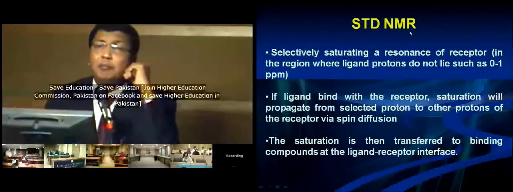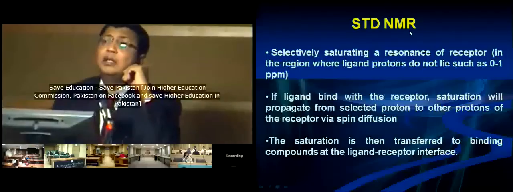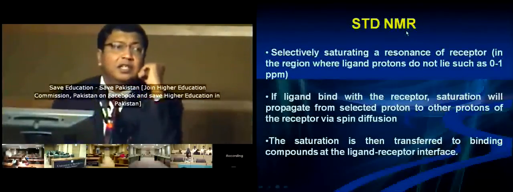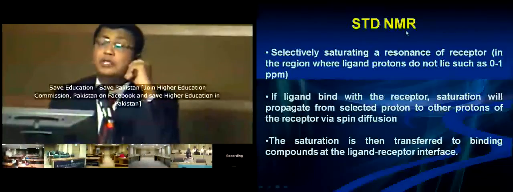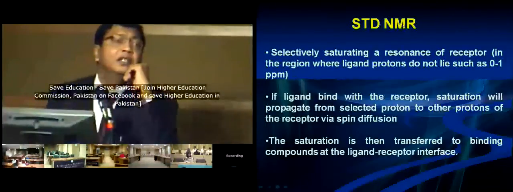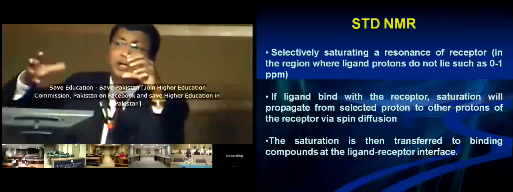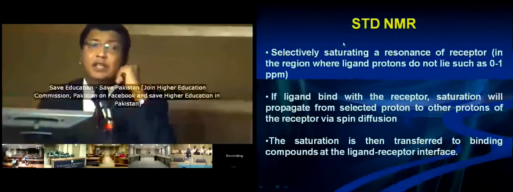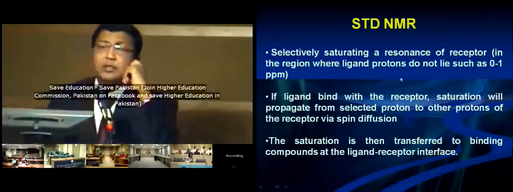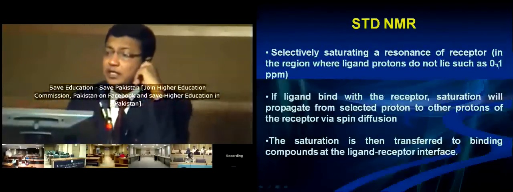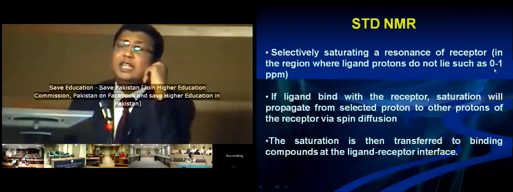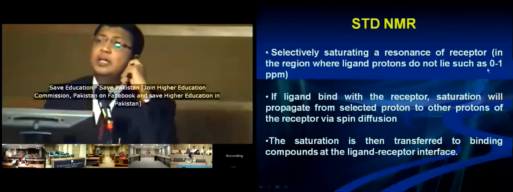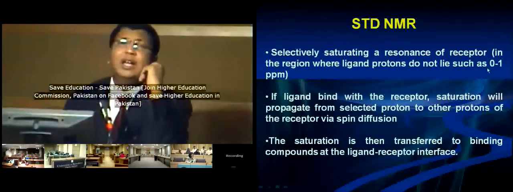But I would be very happy to go upfield, even to 0 to -1, because I know that in a protein structure, there are lots of protons in this particular region because of magnetic anisotropy, because of the shielding effect. So generally the irradiation is done between 0 to 1. You know why 0 to 1?